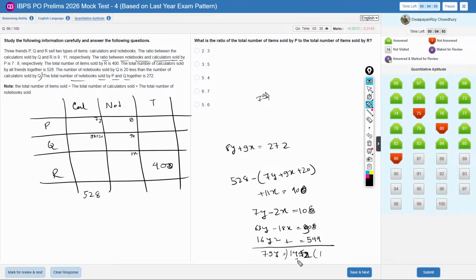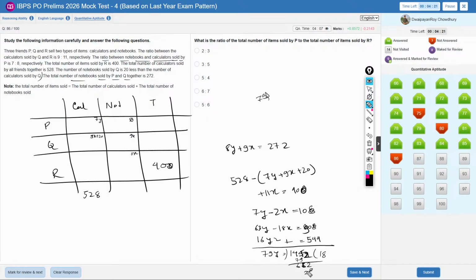Or would it? 79, then 2, 6, 1, 8, 6, 8 times 2, 7, 8, 7 times.